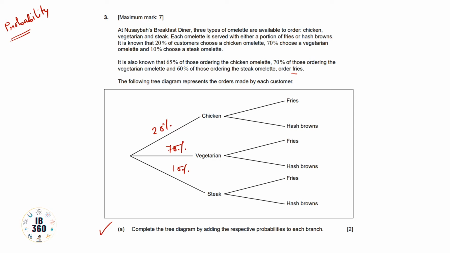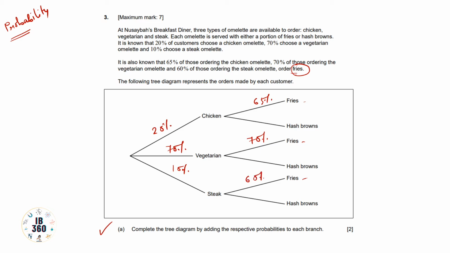Now for the orders of fries, the percentages for the branches are: for chicken, 65%; for vegetarian omelette, 70%; and for steak omelette, 60%.